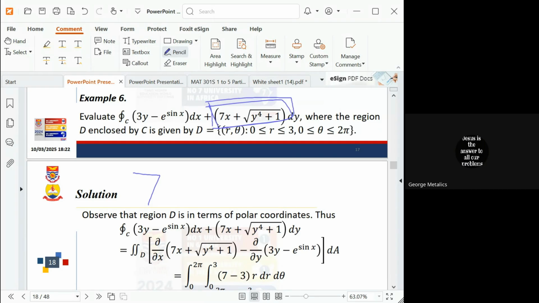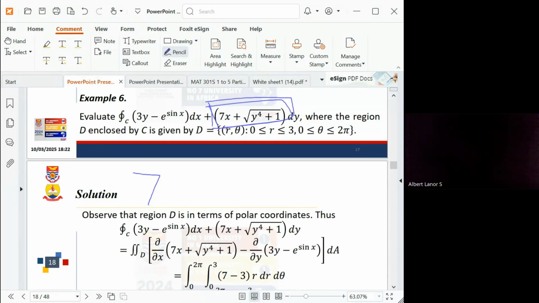I'm following. Okay. Then minus, we'll differentiate the first part here with respect to y. Now, when you differentiate this with respect to y, you have 3. So the function will now reduce to 7 minus 3, which will be equal to 4.